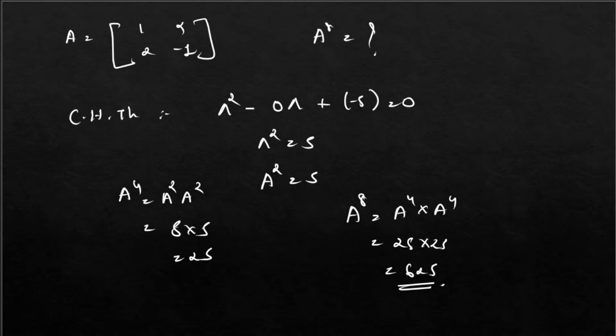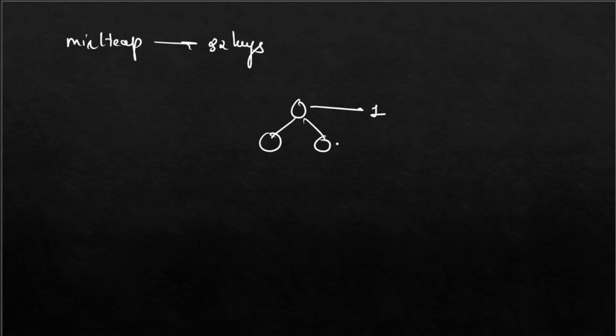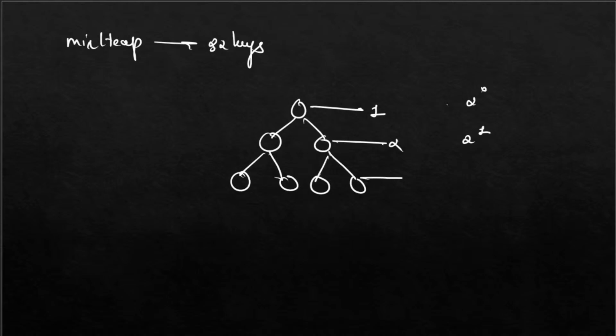And one question was there on min heap. Min heap, one question was there, which is having 32 keys. Okay, so level 0, 1, after that this and this, so this is level 1, so this is 2 to the power 0, 2 to the power 1. Okay, after that this will further extend, so this is 4, which is level 2, so this is 2 to the power 2.